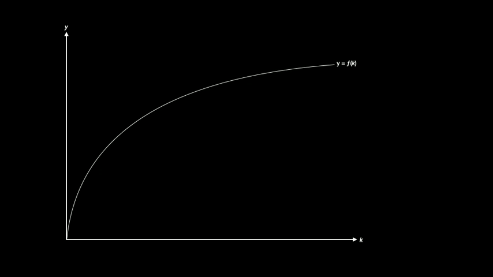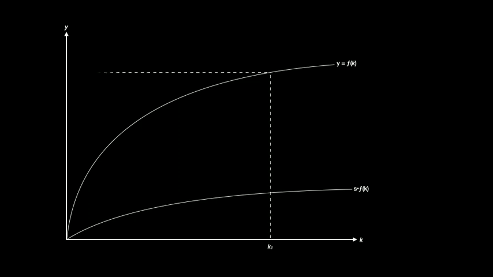So let's start with our production function again, and we now add savings, and this is the percentage of our production that we don't consume. And therefore we say savings rate times output per worker, or some function of output per worker, and this lets us know how much we save after production. So at this point here, K1 units of capital per worker gives us Y1 units of output per worker.